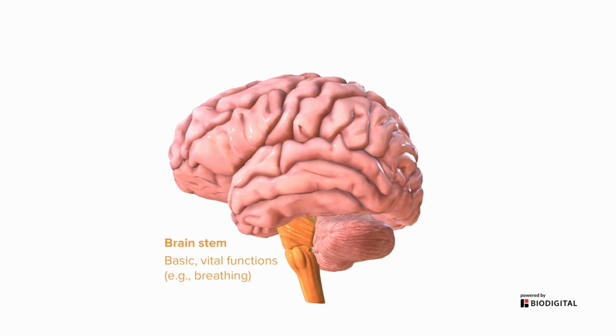The brainstem, compared to the cerebrum, has what we might consider lower order or more basic functions. For example, things like the control of breathing, something that's very basic and essential, but not so complicated like thinking, planning, and making decisions.